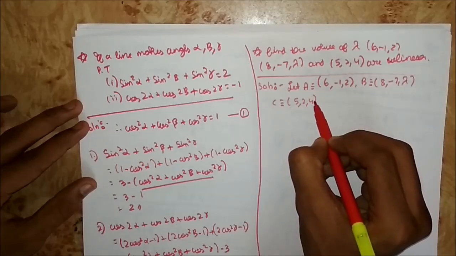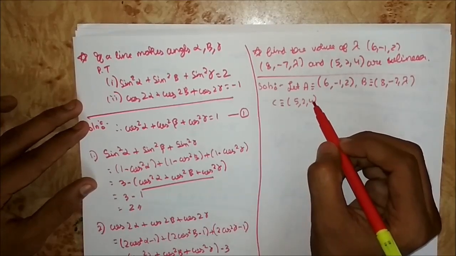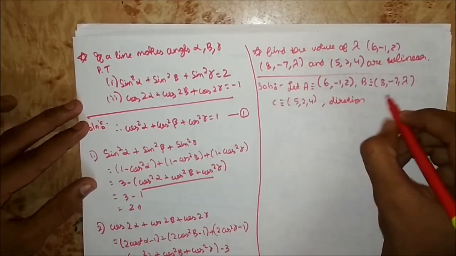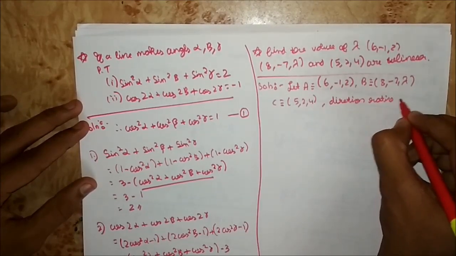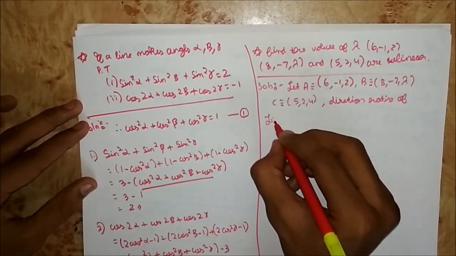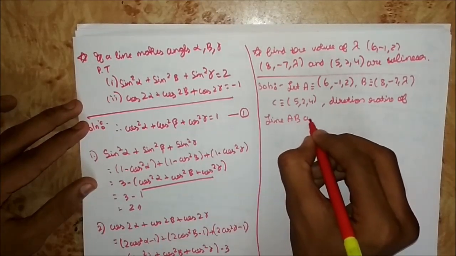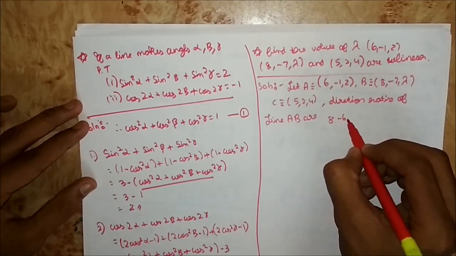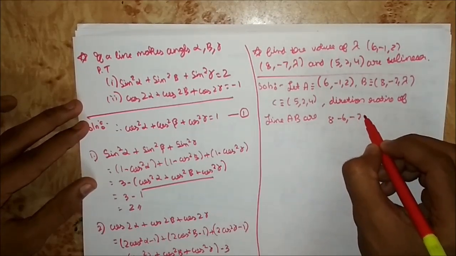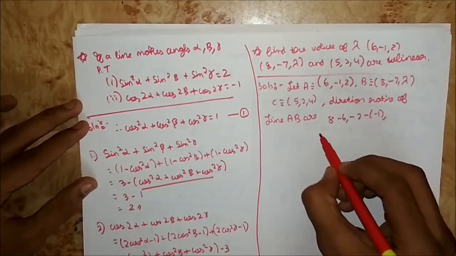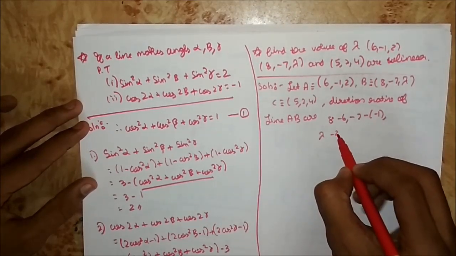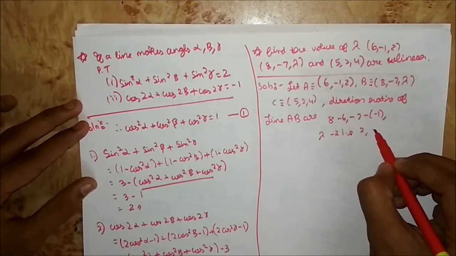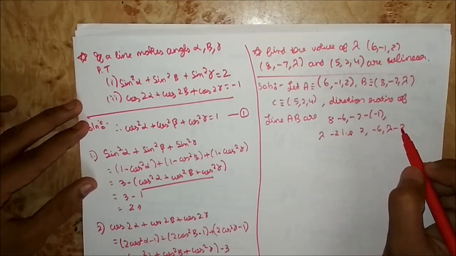Direction ratios of line AB are 8 minus 6, minus 7 minus 1, lambda minus 2, that is 2, -8, lambda minus 2.